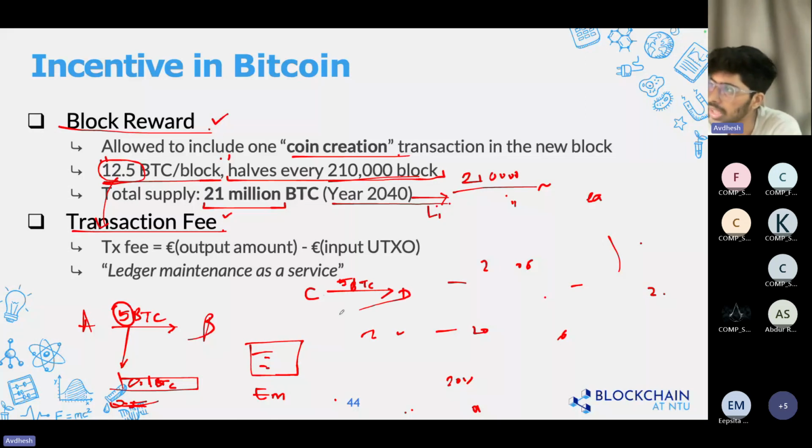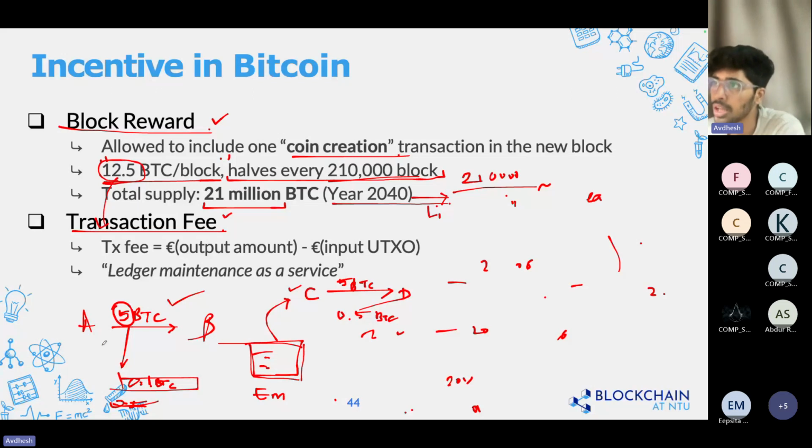But he says, hey, I need to send fast, I'll pay you 0.5 Bitcoin. So Emmanuel, since he's acting in his self-interest, will obviously verify this first rather than Alice's transaction. So this is what happens. It does not mean that he will neglect the transaction.